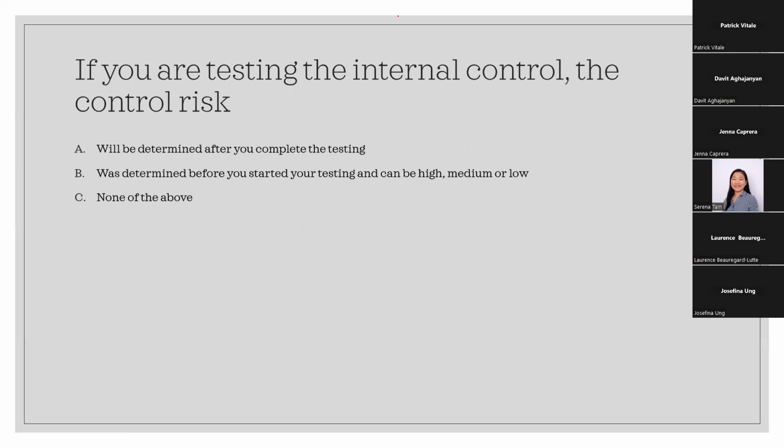Okay. If you're testing the internal control, the control risk will be determined after you complete the testing, was determined before you started your testing, and can be high, medium, or low. None of the above. So what are we feeling here?